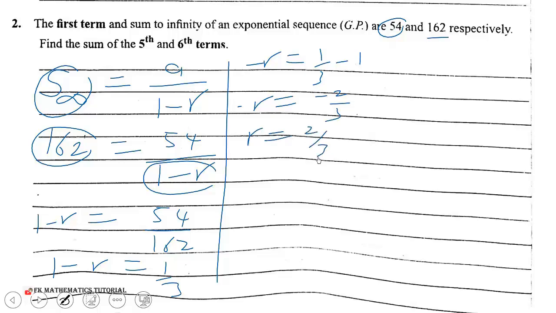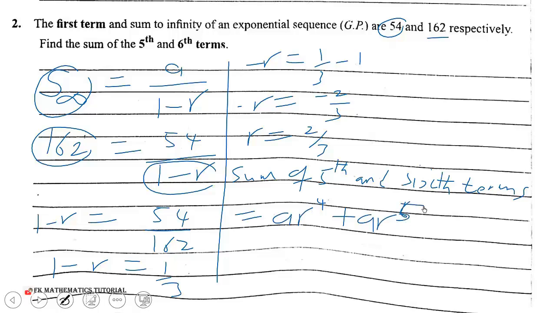So the sum of the fifth and sixth terms will be equal to ar to the power 4 plus ar to the power 5.